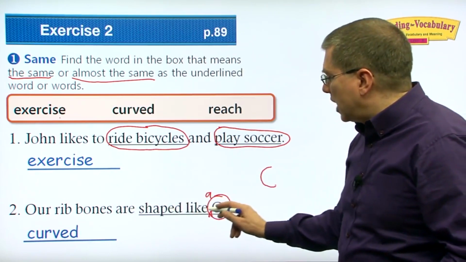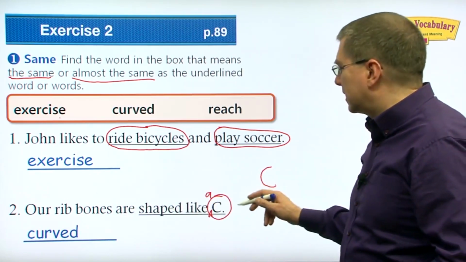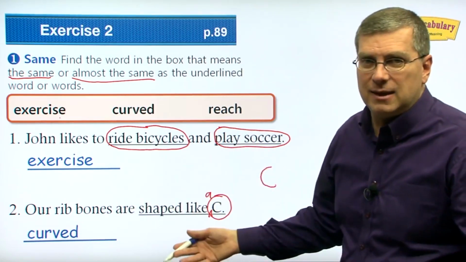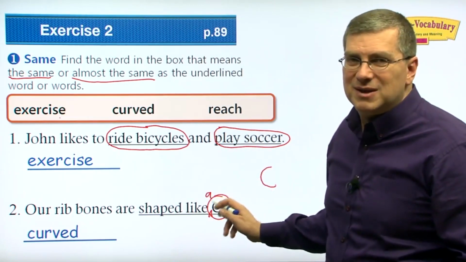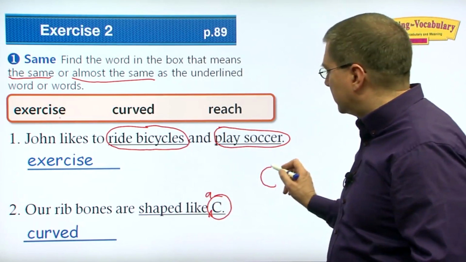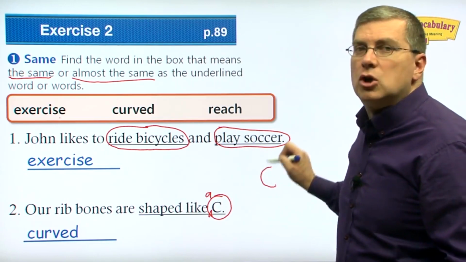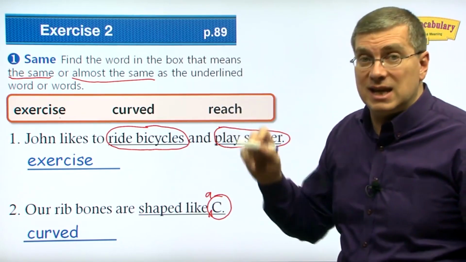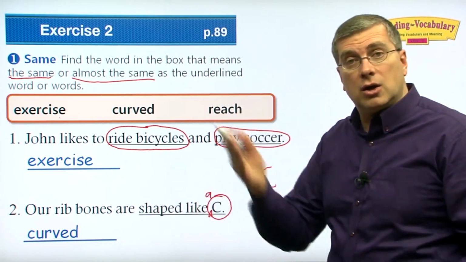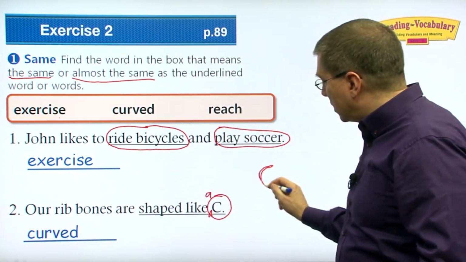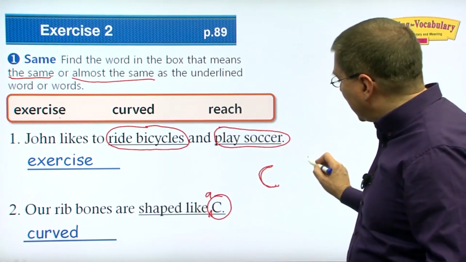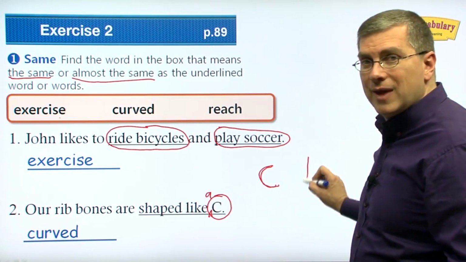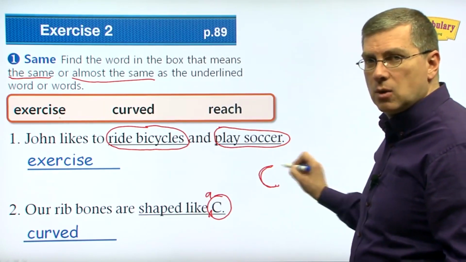Our rib bones are shaped like a C, or like the letter C. Okay, that's what it's talking about. It's not a mistake in typing. It's just what they're saying is, what letter does it look like? It looks like a C. Okay, so they are curved. A C is curved. If you said look like an L, a small L, that's straight, right? That would be pandero of curved.